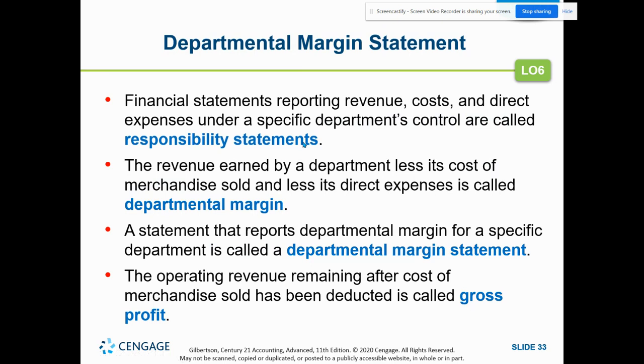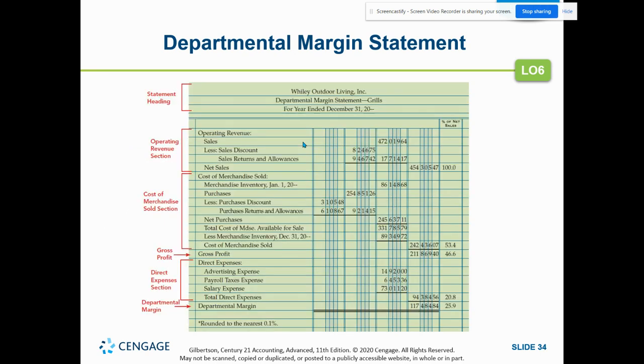So we're going to be doing those departmental margin statements to see how we're doing in each of the departments. And so this is what that looks like. And you guys have done this earlier in accounting too, so this should be a little bit of a refresher in accounting 3, because accounting 2 is doing this right now in chapter 22.